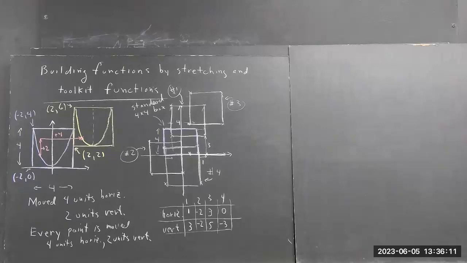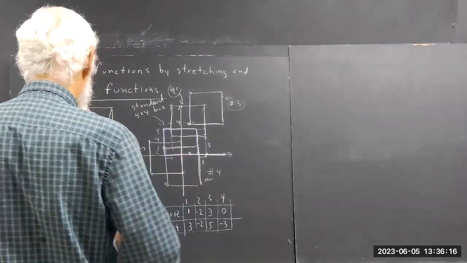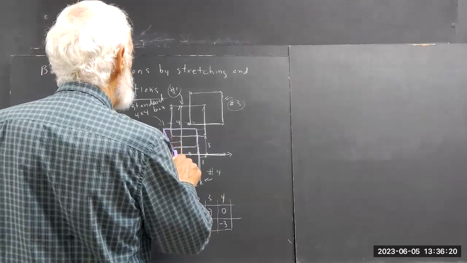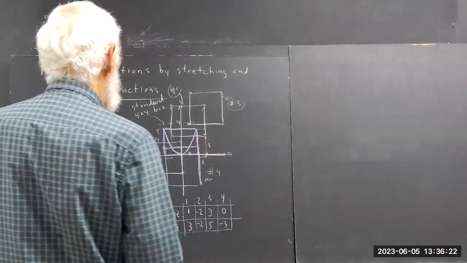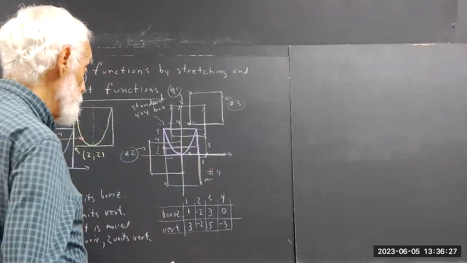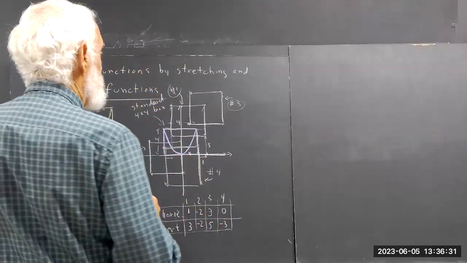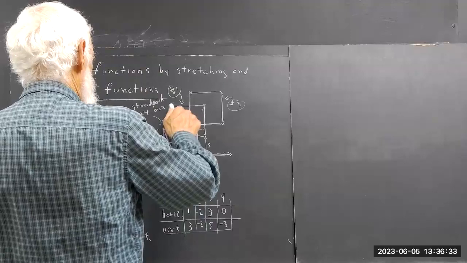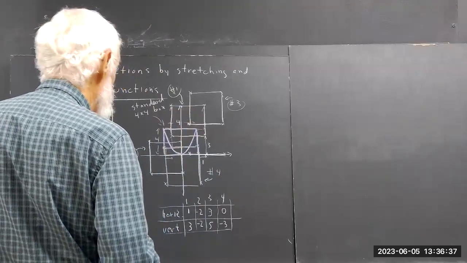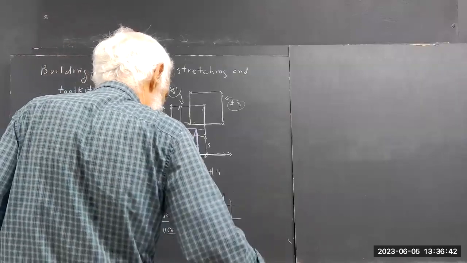Now, let's say that we have a toolkit squaring function in the first rectangle. Then, if the toolkit squaring function is also transformed in each of these ways, we're going to get each of the graphs that I'm going to draw here. And I'm going to draw the graphs in a unique color.